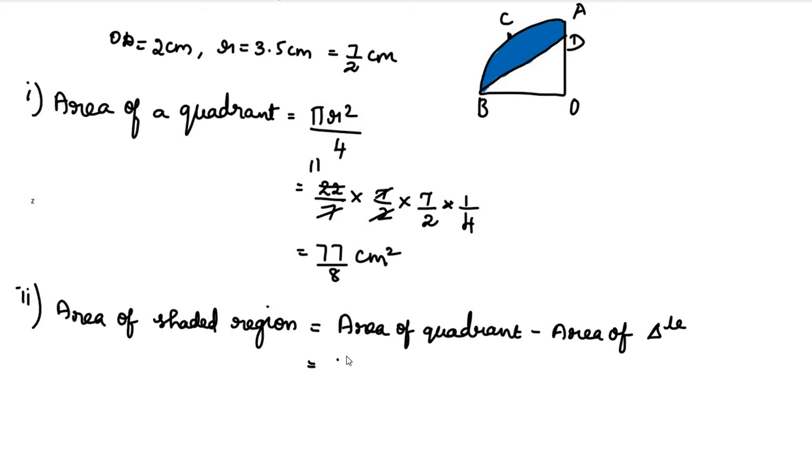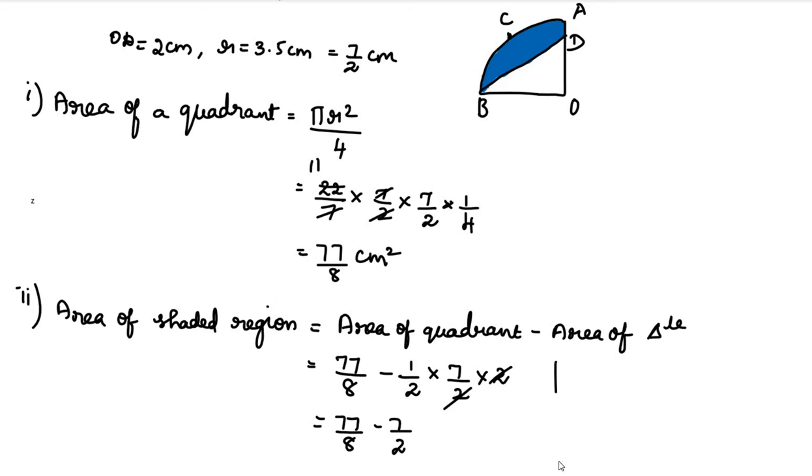So the area of a quadrant, what we have here, is 77 by 8. And the area of a triangle, the formula is half into base into height. Half into, yes, the base of this is 7 by 2. That is the radius, 7 by 2. And the height is, yes, what is the height? OD. OD is the height. That is 2. So when I cancel, I'll be getting 77 by 8 minus 7 by 2.